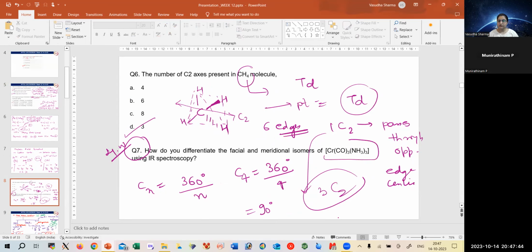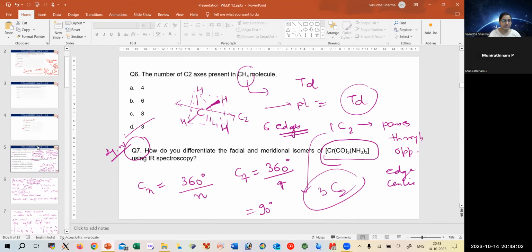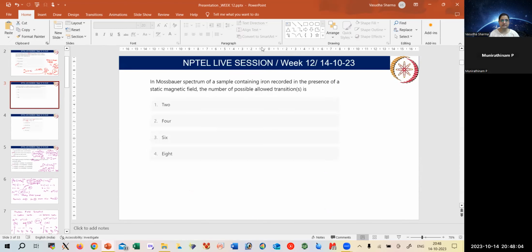Firstly, find out the point groups of this octahedral complex, both the isomers, facial as well as meridional, and then come up with the answer: how many bands could be different for carbonyl groups. Try this question also and see if you can attempt it. Otherwise, we will explain the answer tomorrow.